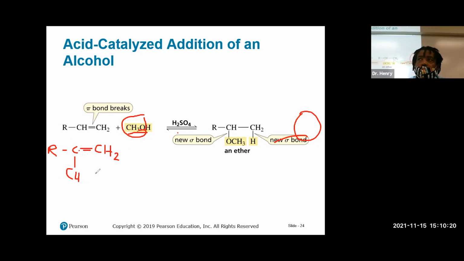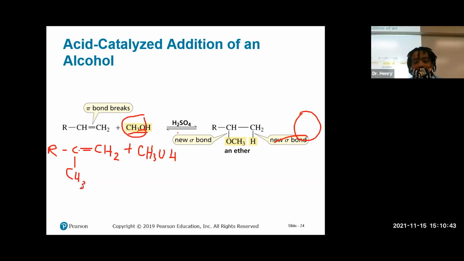Okay, we have something like this reacting with an alcohol. It's going to be the product. What was that?